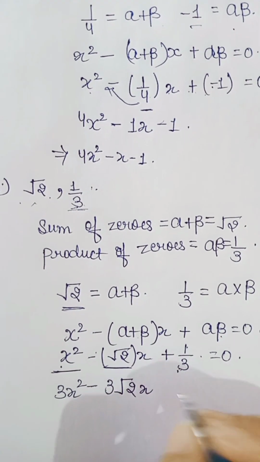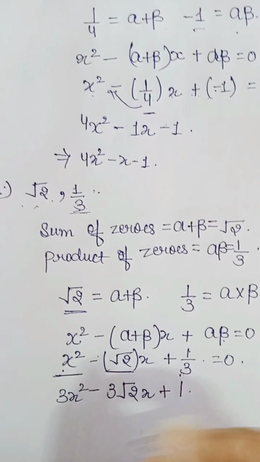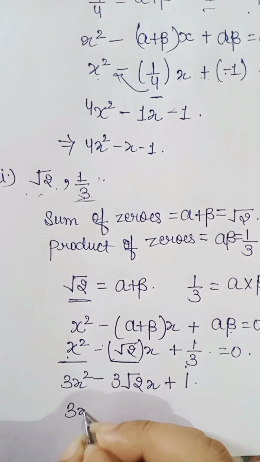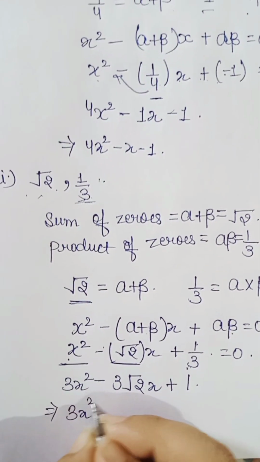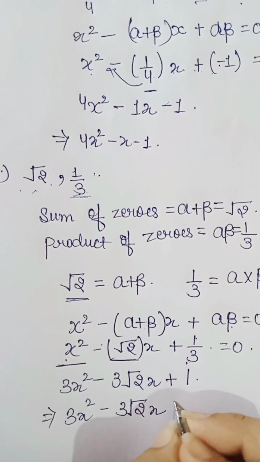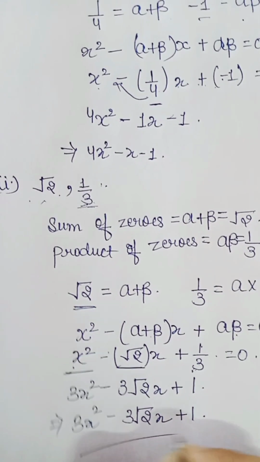Now what is remaining here? 1. So we can write plus 1. So the quadratic polynomial that is required is 3x square minus 3 under root 2 x plus 1.